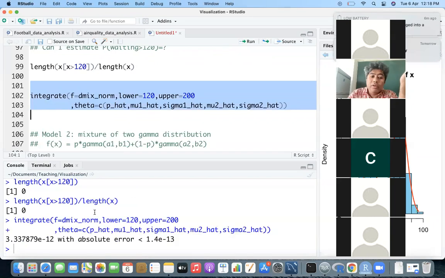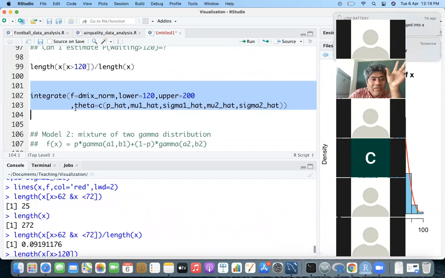It's a very small value, maybe 3 in millions or billions, but still it gives me some probability estimates. It's a very rare case. It will probably never happen, but it gives me some sense of almost impossibility that I have to wait more than 2 hours to watch the geyser go up. So this kind of predictive inference you can do. So for all this, we are fitting this model.